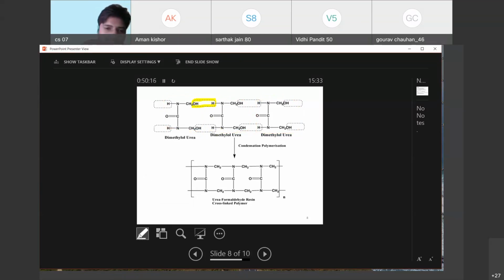Okay, देखिए होता क्या है, this NH2, suppose this NH2, okay, see the central dimethylol urea. होता क्या है, the nitrogen of the dimethylol urea has a lone pair of electrons. Basically, it attacks the CH2 group. It attacks like this way.